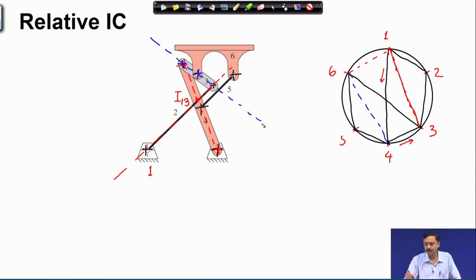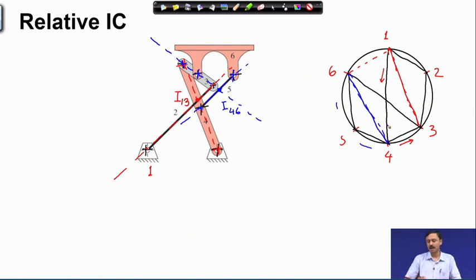So, on this line must lie I 6 4. Similarly, I 6 4 must also lie on I 5 6, which is this, and I 5 4. I 5 4 is this. So, therefore, this intersection point is I 4 6. So, I have located I 4 6.